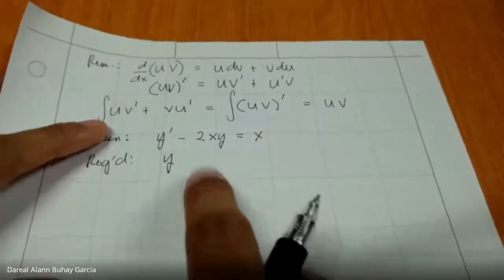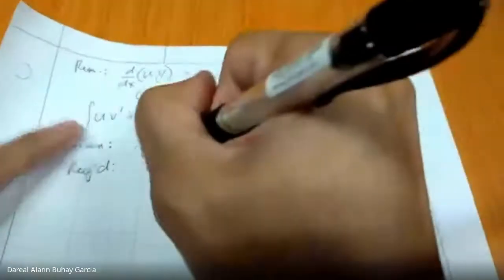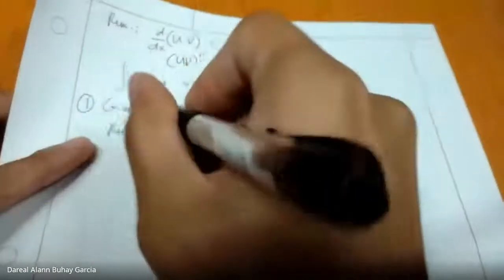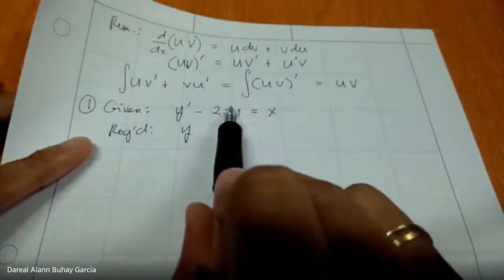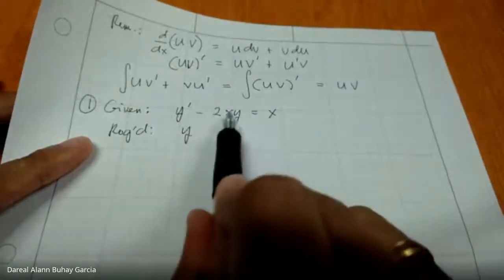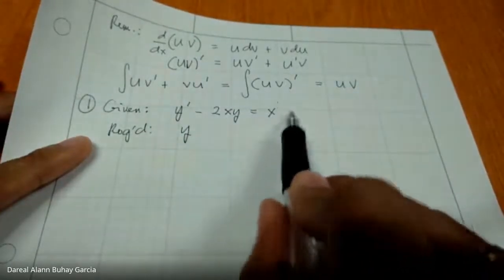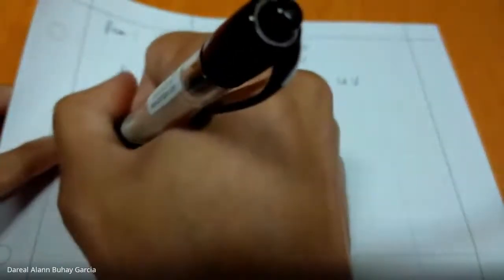Okay? So y prime minus 2y equal to x. So clearly this is a linear differential equation because we have a p of x, a function solely of x, and an r of x, a function solely of x. Okay? So solution.